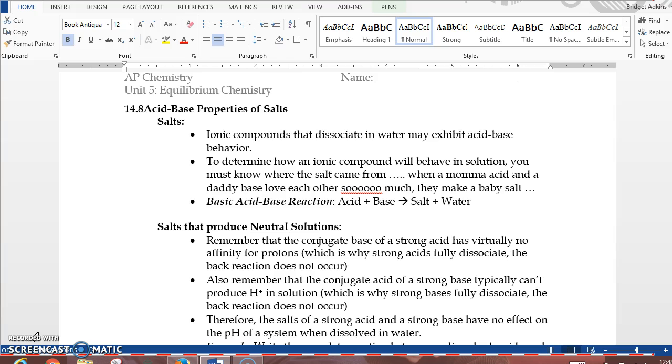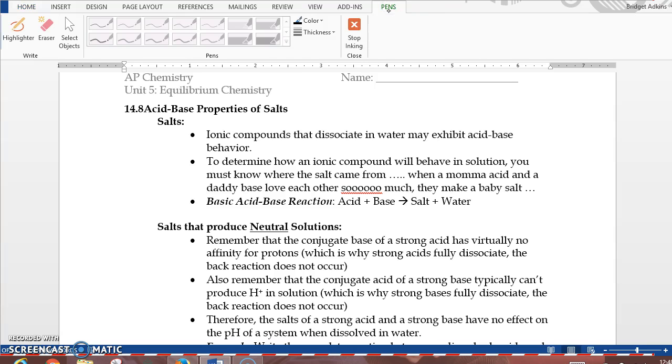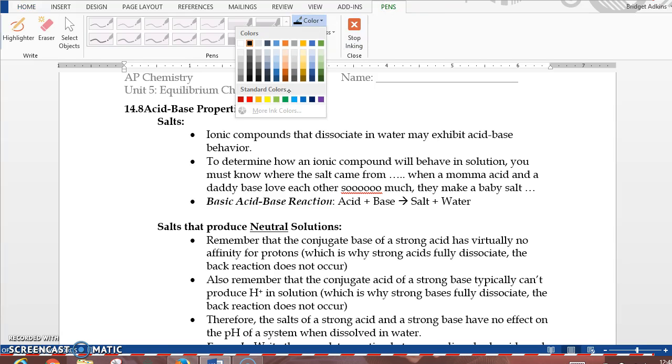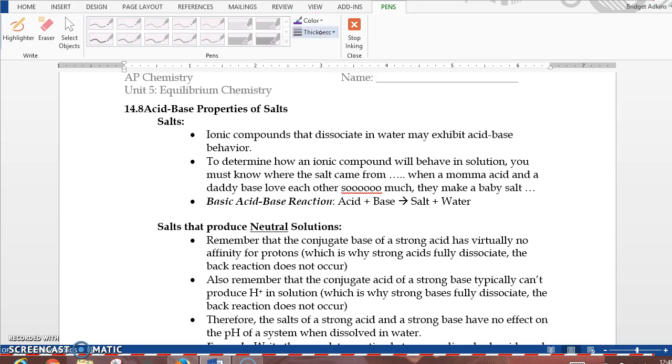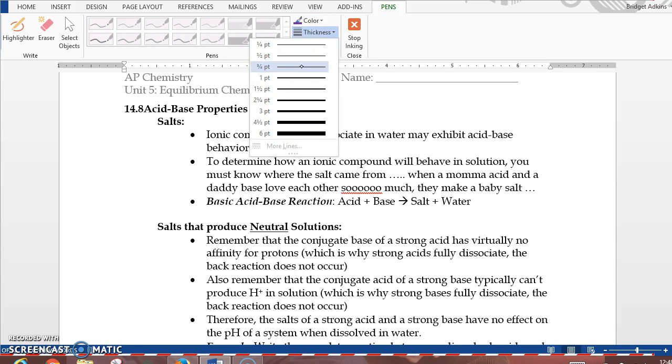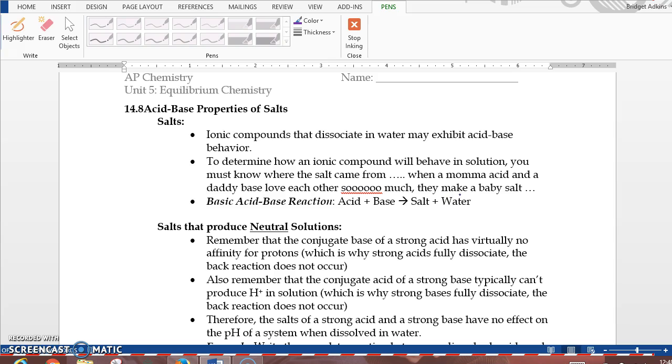We also learned in first year chemistry the general reaction that an acid plus a base makes a salt plus water. It's, in a sense, a double displacement reaction. But when we look at that, we think of acid plus a base as always going to be neutral. And we saw that that wasn't always the case, because it depends on how strong this acid is, and how strong this base is.